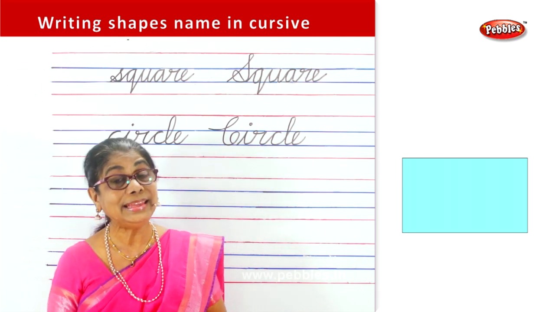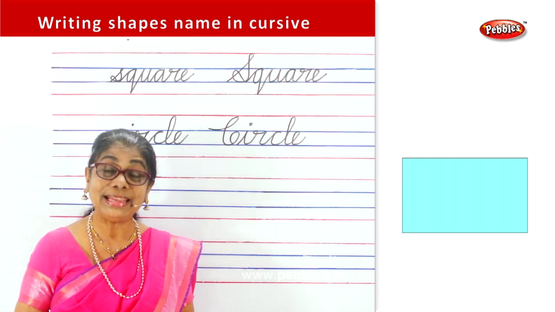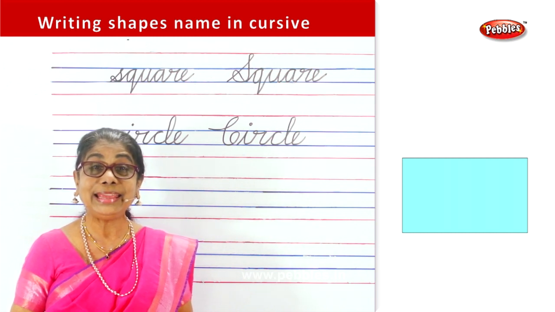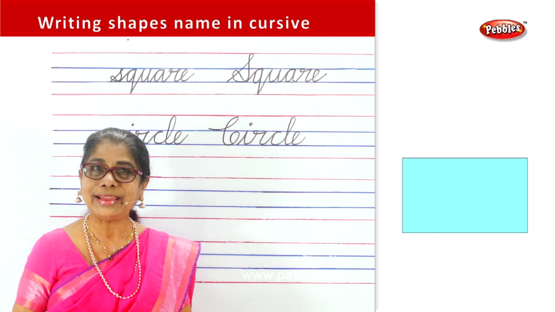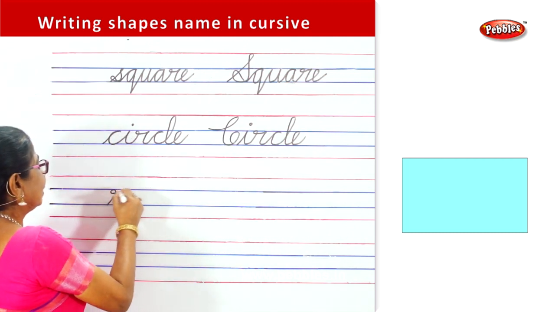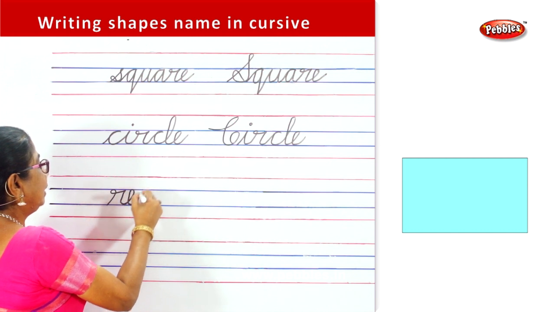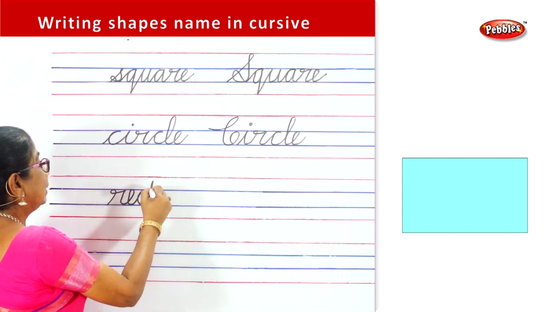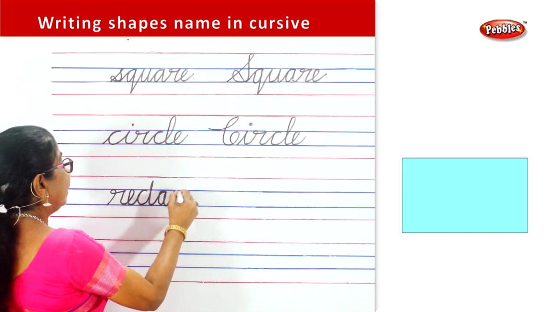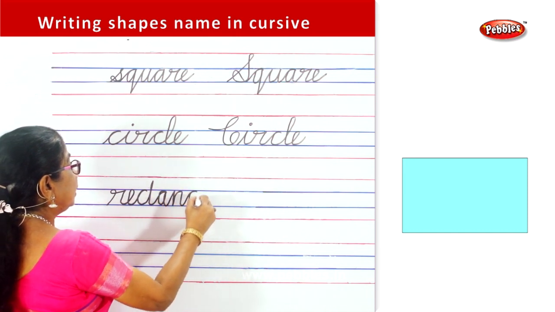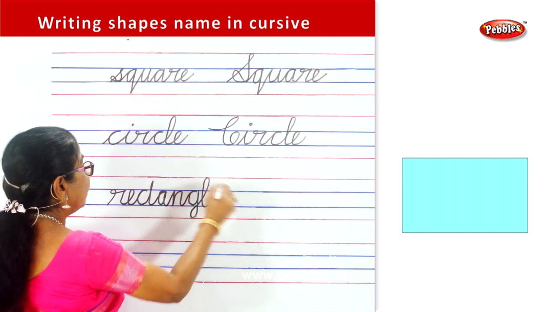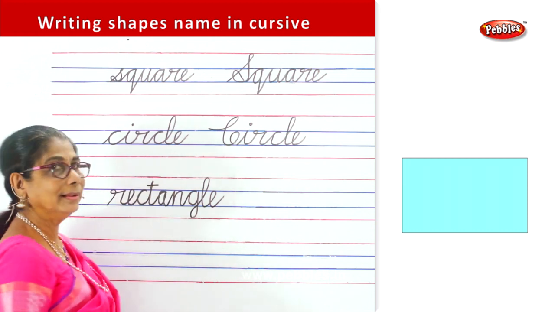R E C T A N G L E. Rectangle. Shall we write it? Good. R E C T A, N G, L E. Rectangle.